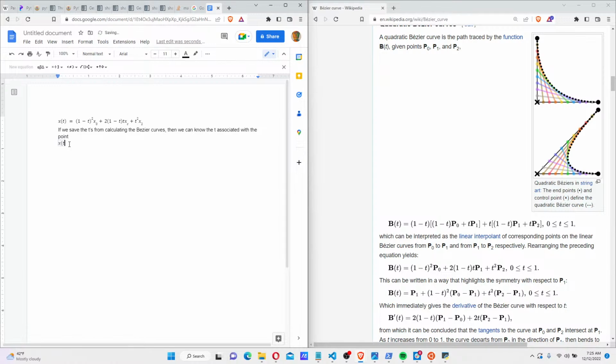So we could say x of t minus 1 minus t squared, that whole thing times x naught, is equal to this part of the equation over here, which actually when we simplify it's 2t x sub c times 1 minus t plus t squared x sub 2, so that's kind of quadratic.